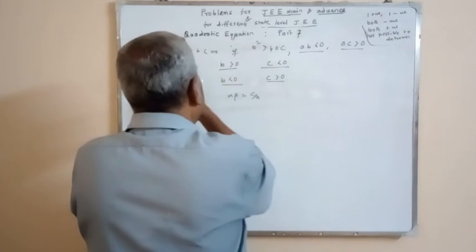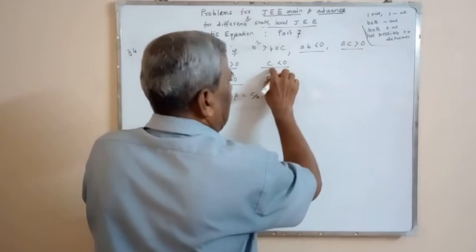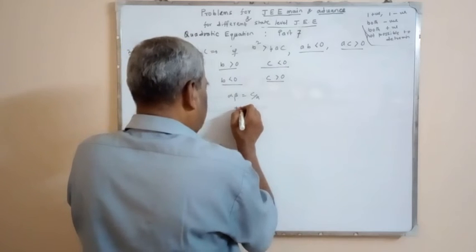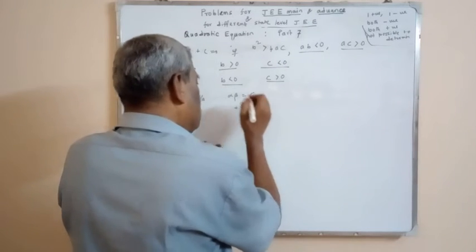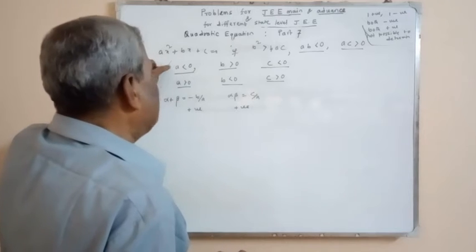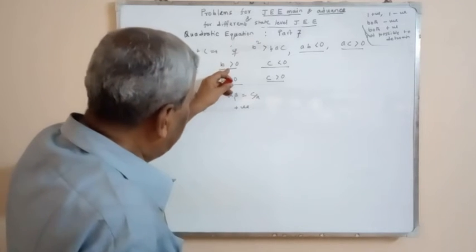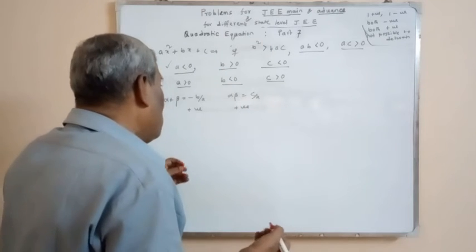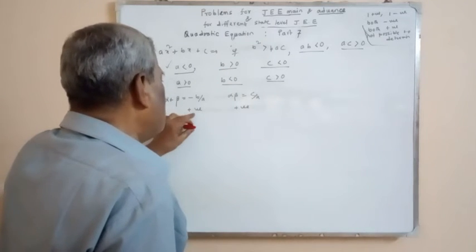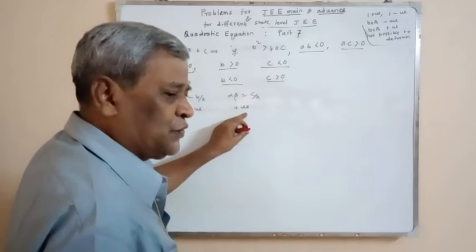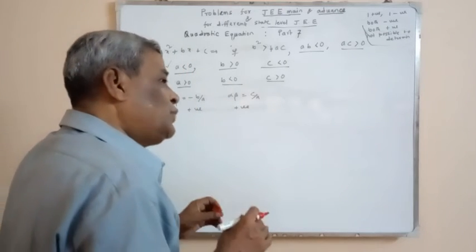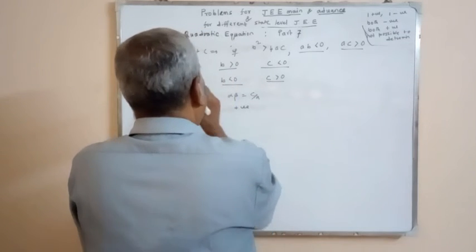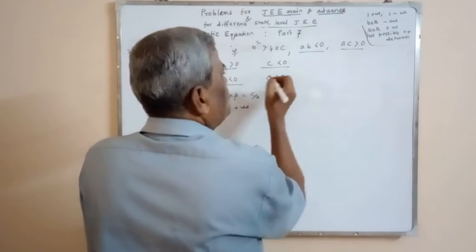And A negative, C negative, in that case the product of the roots is positive. So we understand that the sum of the roots is positive, product of the roots is positive. So both roots are positive.